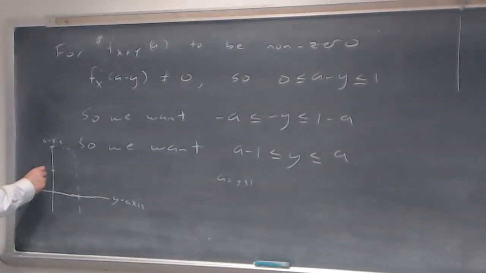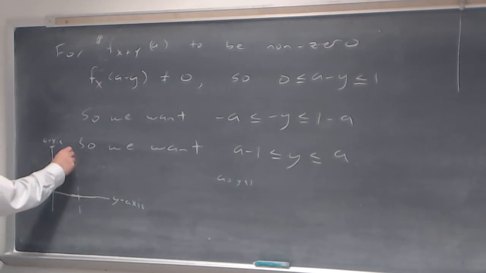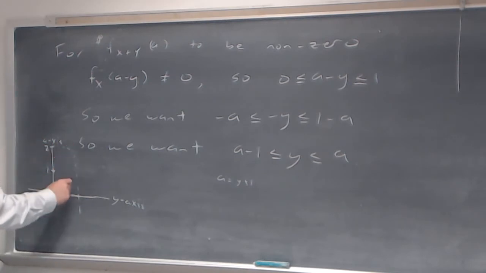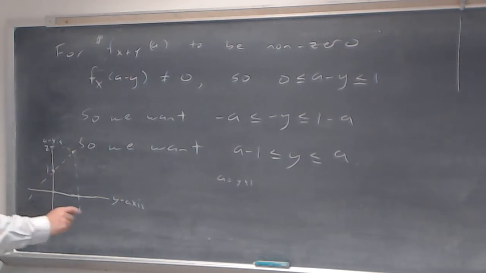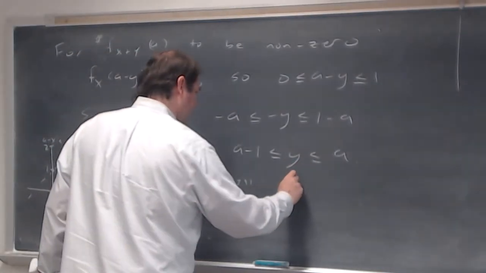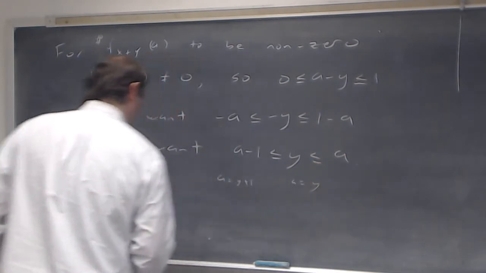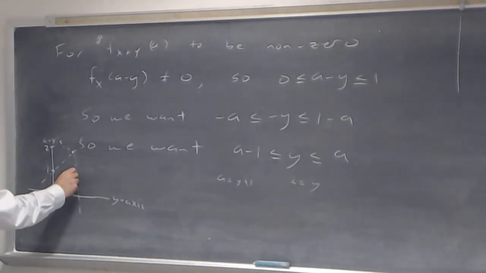So it starts off when y is 0, you get 1, when y is 1, you get 2, so it looks like this. And here, y equal to a, or a equal to y, this other part, is this diagonal. It has 0, 0 and 1, 1 on it.